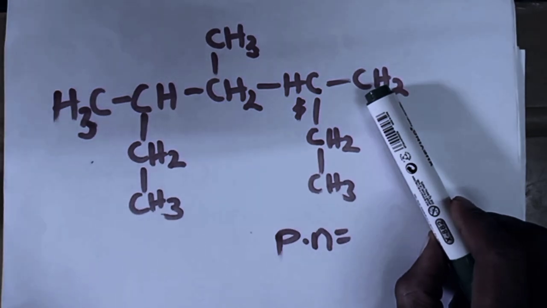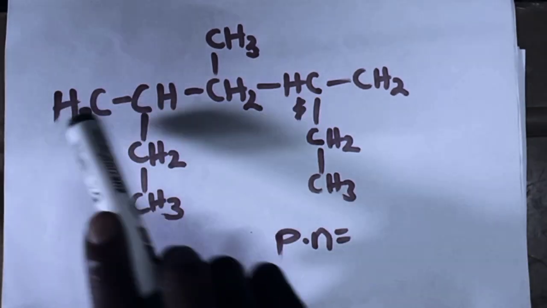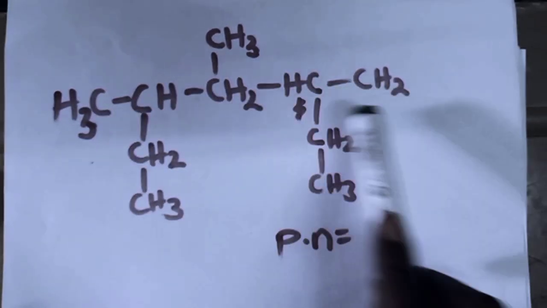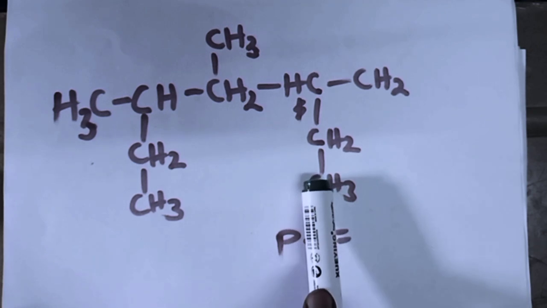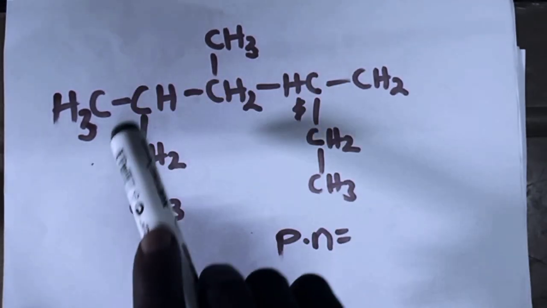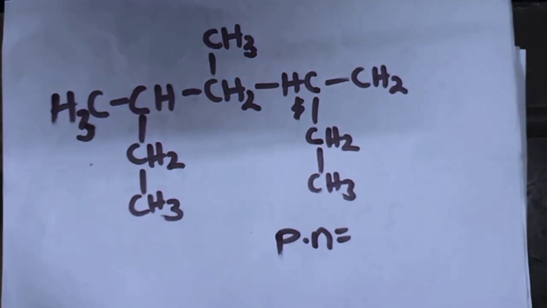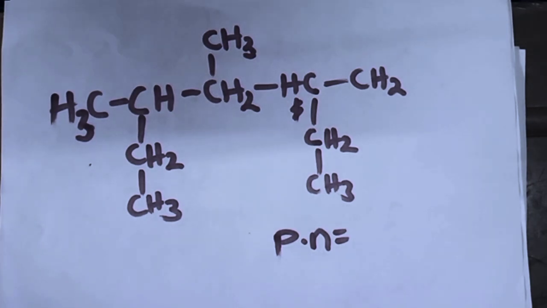Okay. Which one is the longest chain now here? 1, 2, 3, 4, 5, 6. Or 1, 2, 3, 4, 5, 6, 7. Interesting. So you can count 1, 2, 3, 4, 5, 6, 7. And that is the longest chain. Good.